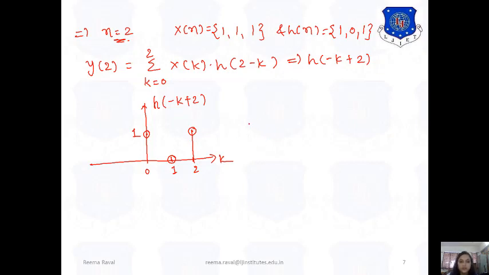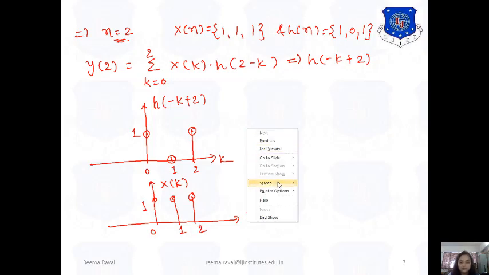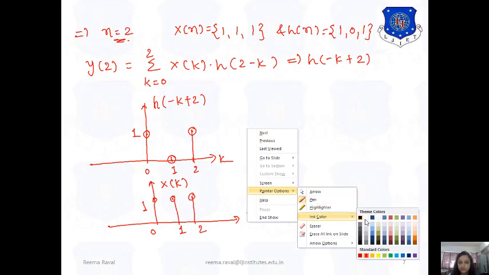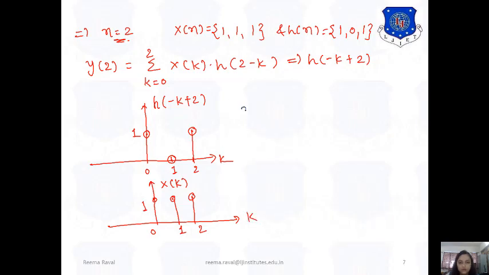Alright, now we need to multiply it with x of k, which is given as 1 1 1. So here this is 1, this is 1, and this is also 1. So at position 0 the value is 1, at 1 the value is 1, at instant 2 it is also 1, right? So now to obtain the output value y of 2, we will multiply the respective values at the particular instant.